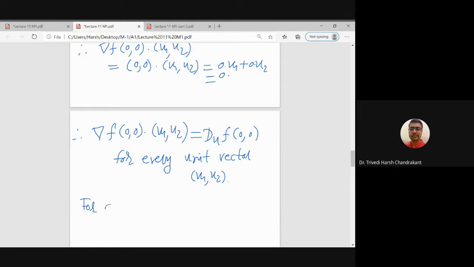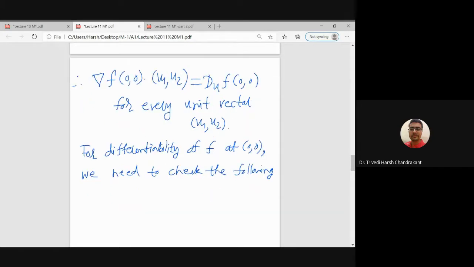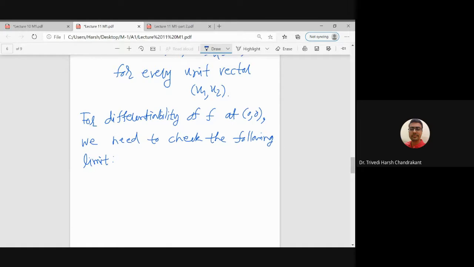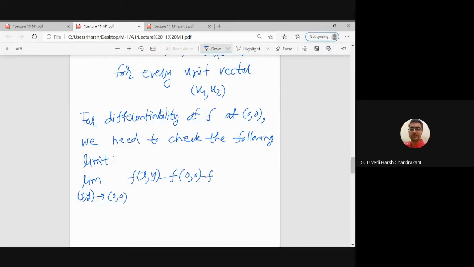So for differentiability of f at origin, we need to check the following limit: the limit as (x, y) approaches the point where we are checking differentiability, of f(x, y) minus f evaluated at that point, minus fx at (0, 0) times (x minus x naught, which is x), minus fy at origin times y, divided by the square root of (x minus x naught) squared plus (y minus y naught) squared.